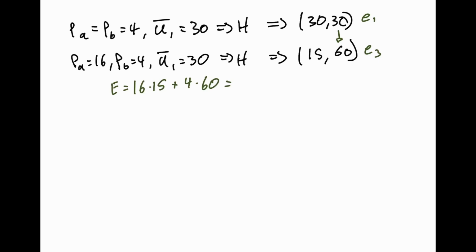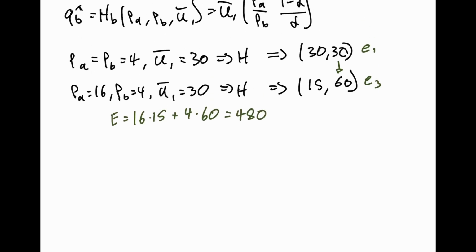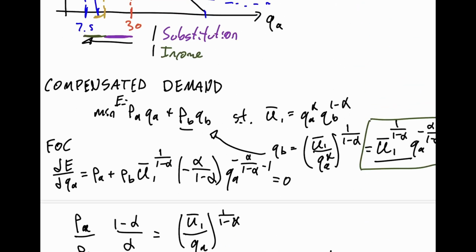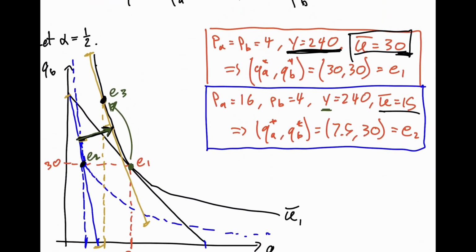And this comes out to be 480. So this is actually much higher than it was at E1. E1 had an expenditure of 240, and that was from this.